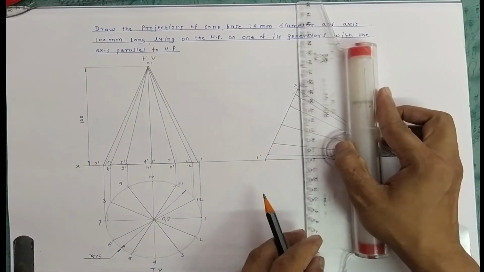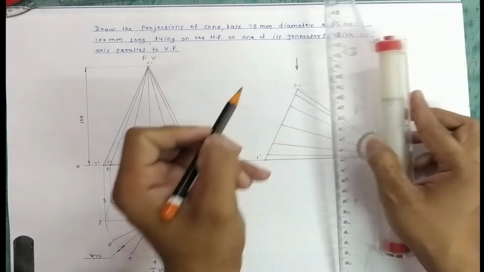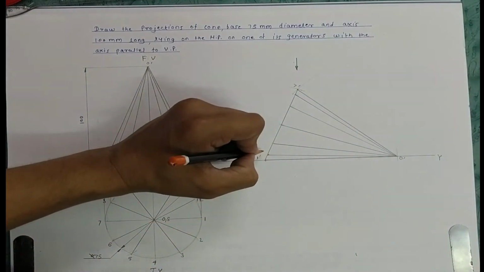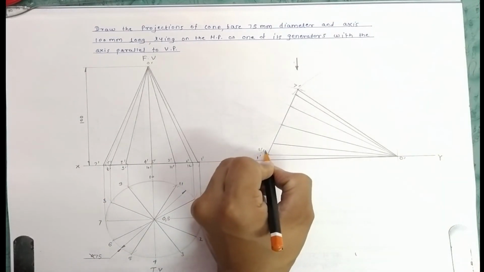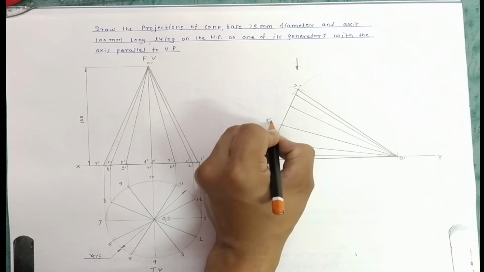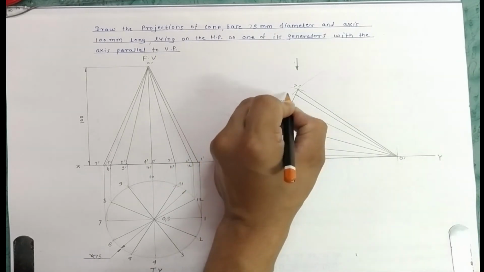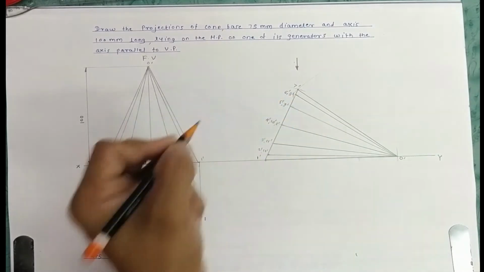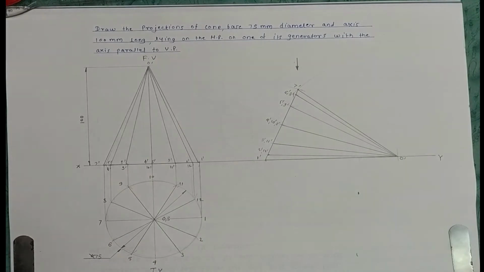And show the position of the observer and relocate the points. Transfer all the points from front view to top view and top view to top view.